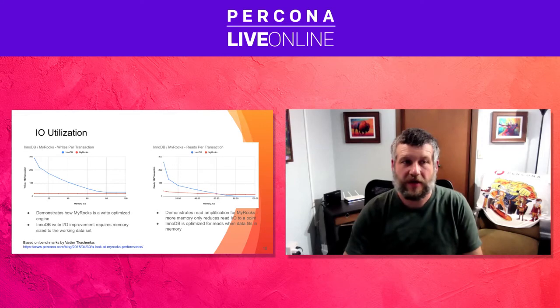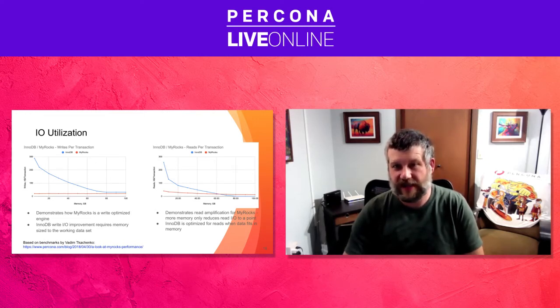This was based on these same benchmarks by Vadim and the raw data that's shared at that link if you're interested. What we're seeing here is that InnoDB improves as we get more of our data set in memory. It never really reaches the same throughput, though, and the same I/O utilization as MyRocks does.